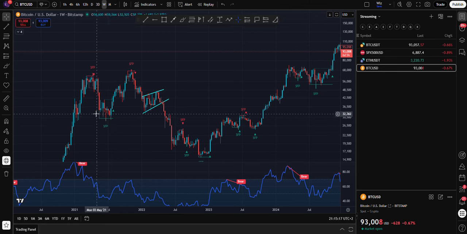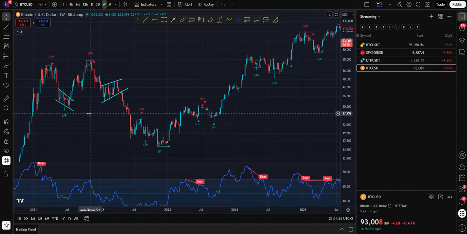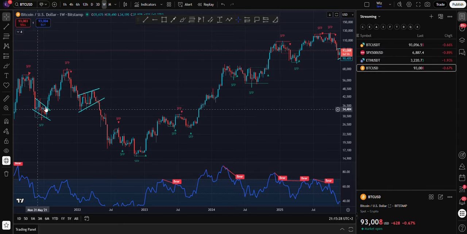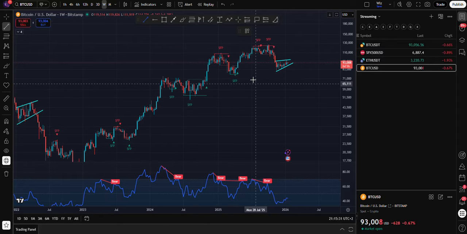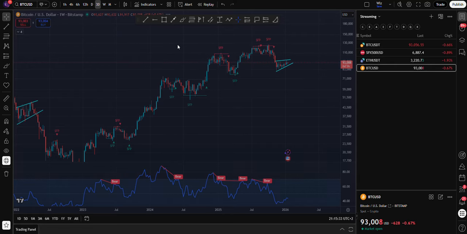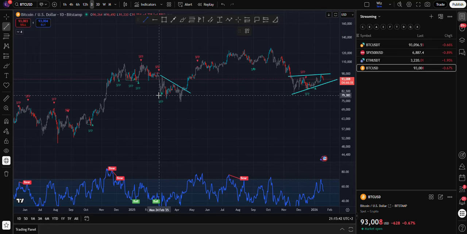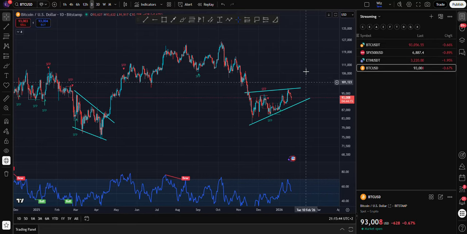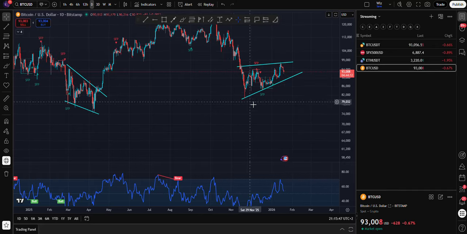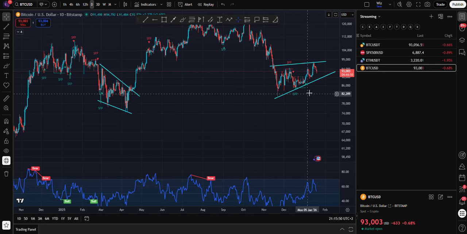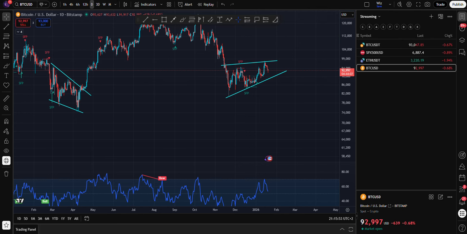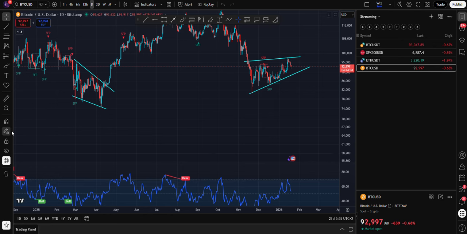And you can see that usually Bitcoin bottoms on the exact opposite pattern, which is the falling wedge. You can see one here. You can see another one here if you go on smaller time frames. Let's go on the daily. Here you go. So this is the exact opposite. This is a bearish pattern, and this was the fourth point that I wanted to talk about.